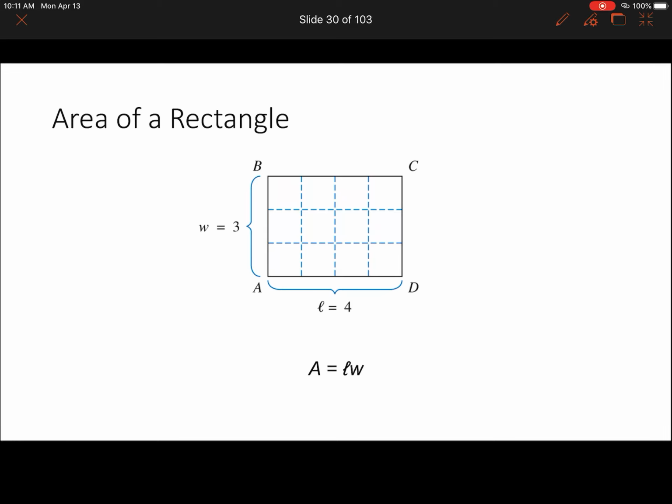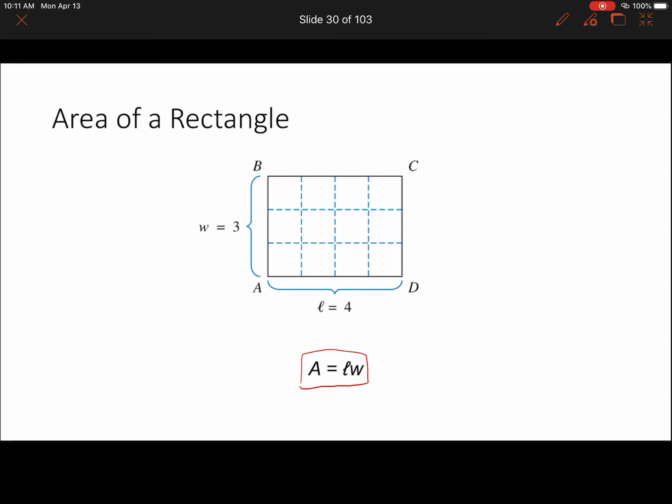So one of the first figures we need to know how to find the area of is a rectangle. And the area formula is very simple. It is length times width. That is the way we find the area.